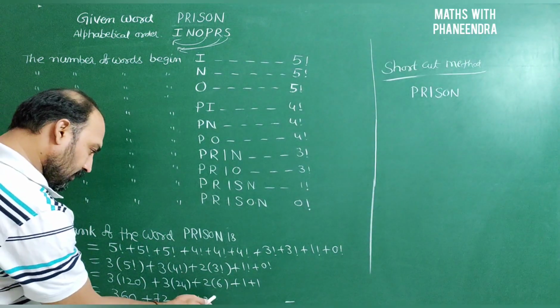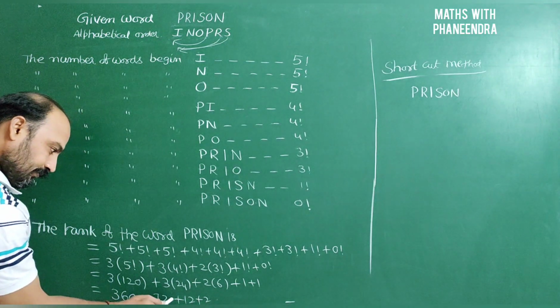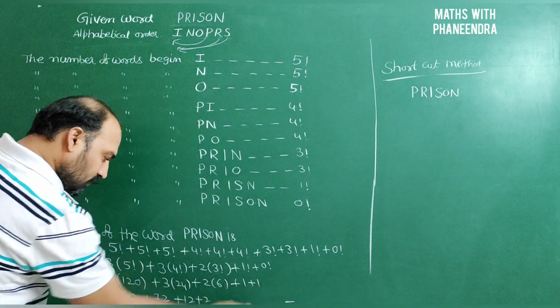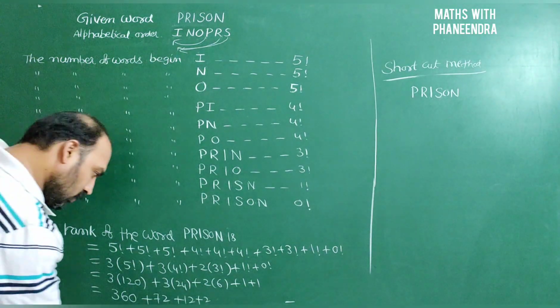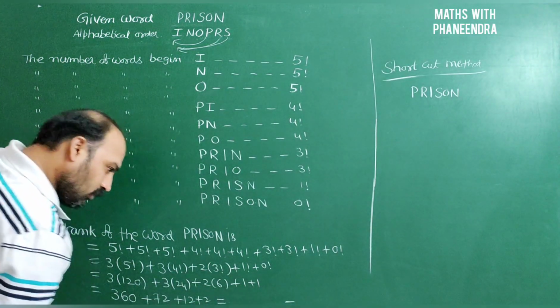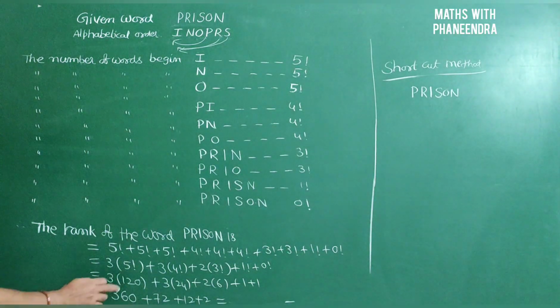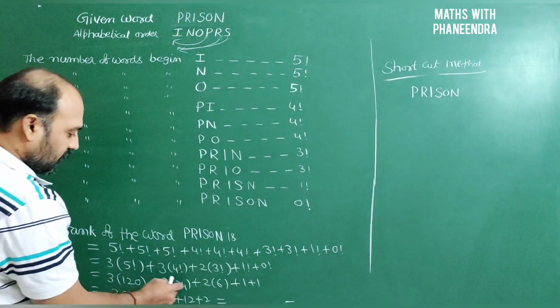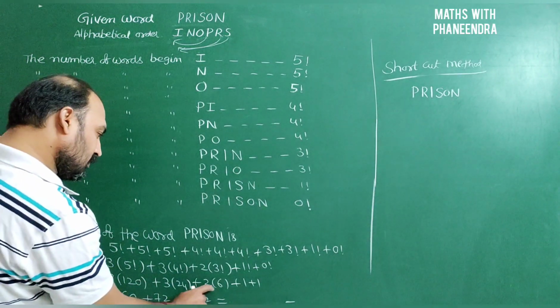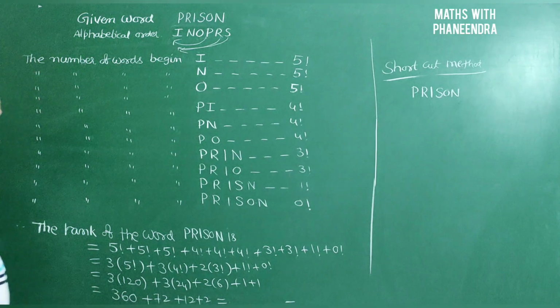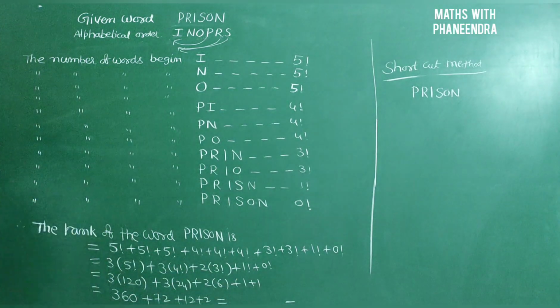So 360, 24 3s are 72, 6 2s are 12, plus 1 plus 1.